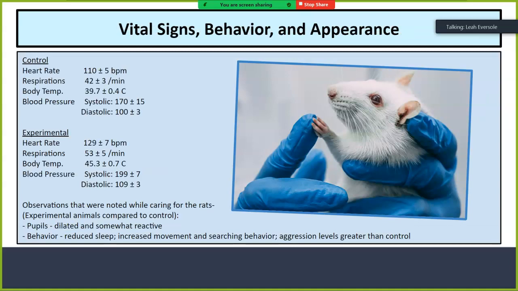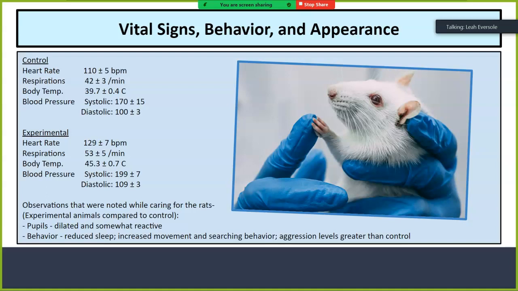For the vital signs, behavior, and appearance, in our experimental data, the heart rate, respiration, body temperature, and blood pressure were all significantly higher compared to the control. And for observational data that the technicians recorded for us, they found that the pupils were dilated and somewhat reactive.